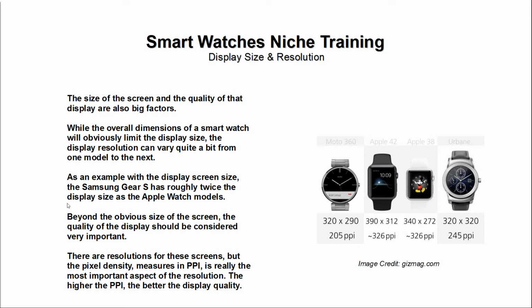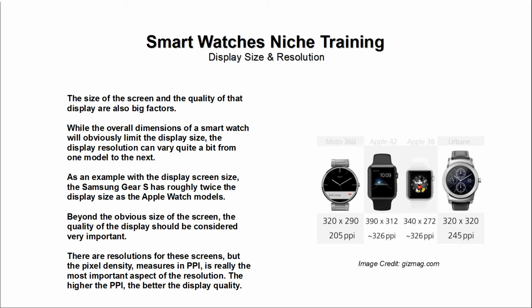As an example, the Samsung Gear S basically has about twice the display size of the Apple Watch models. I believe the larger one is maybe around 60% of the size of the Samsung Gear S, and the smaller one is below 50%.